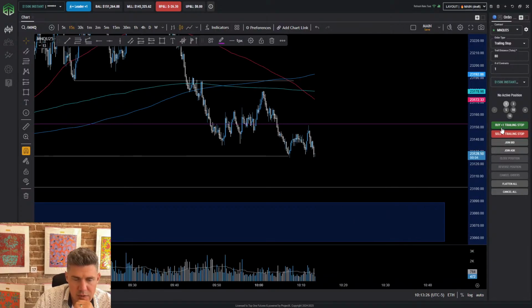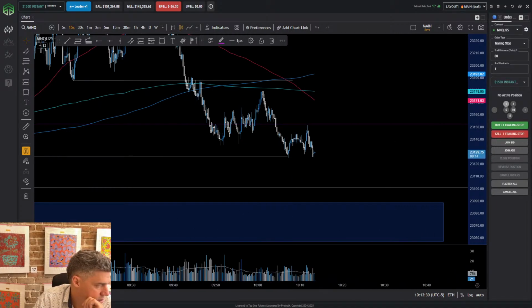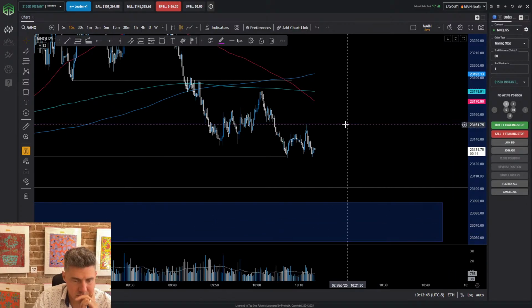Gonna front run this breakout trade a little bit, or does that kind of sound crazy? 1 hour looks weak, 15 looks weak, 5 minute chart looking weak. 1 minute chart, we're bouncing a little bit on the stocks.